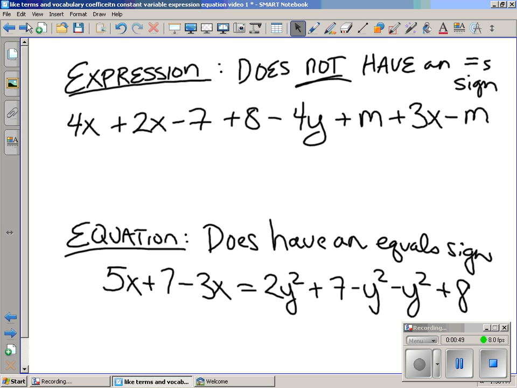The next thing we want to do is look at examples of variables, examples of coefficients, and examples of constants. So we're going to pick apart the expression example and the equation example to learn the other vocabulary. First of all, a variable is a symbol that represents a number.